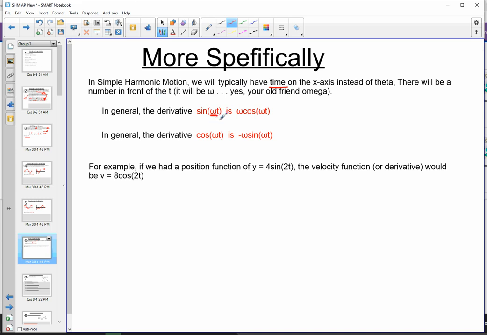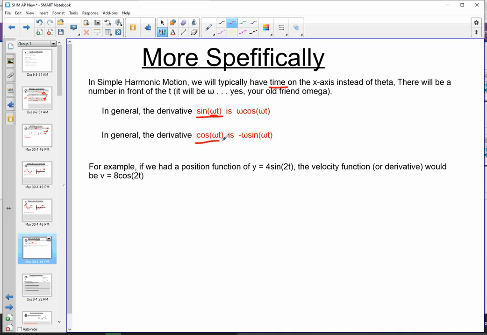It's not w, it's omega. And we have our t here. So the little extra trick here that you should know is that when you take the derivative of sine omega t, the omega pops out in front, and it does go from sine to cosine. Hopefully you were expecting that, and you get your plain old argument back. So for our simple harmonic motion unit, the derivative of sine omega t is going to be omega cosine omega t.